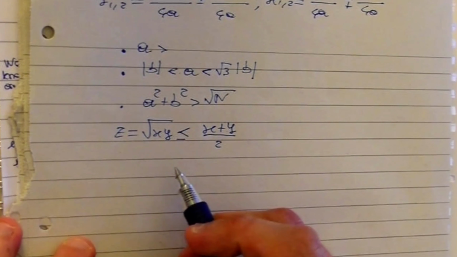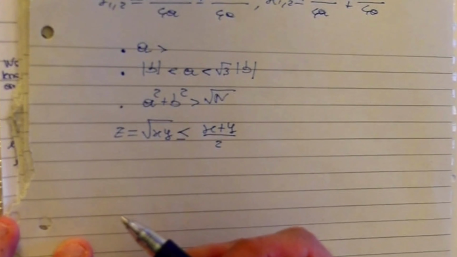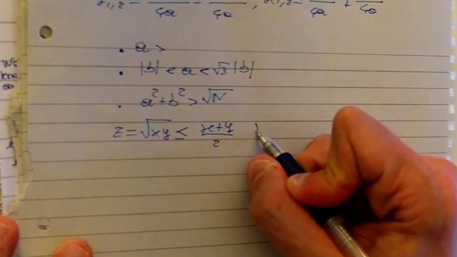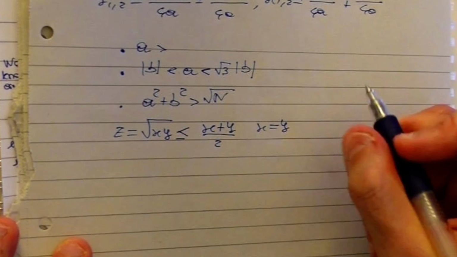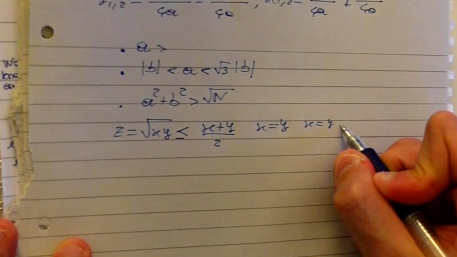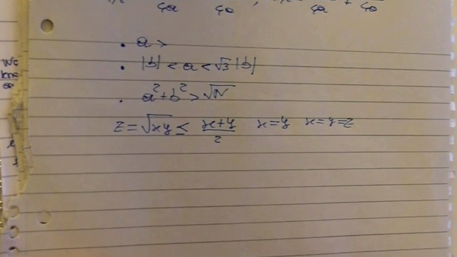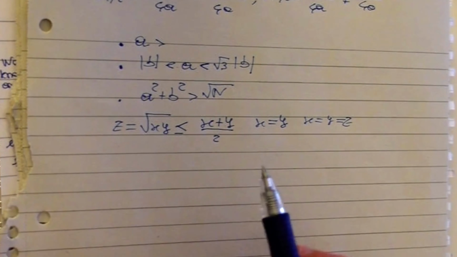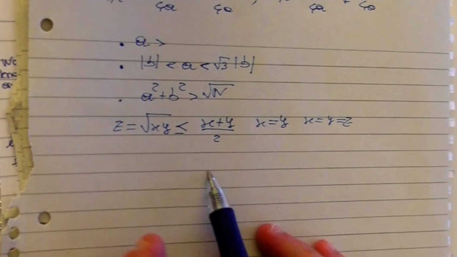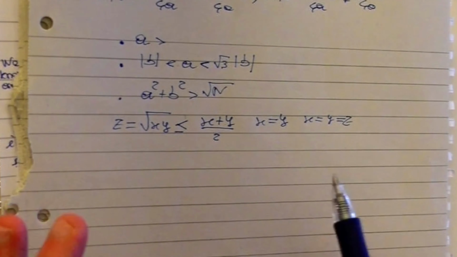The geometric mean basically is always less than the arithmetic mean, unless x equals y, in which case we would have x, y equal z. The geometric mean is a real number between x and y, so it is also distinct under these conditions, and this ends our proof.